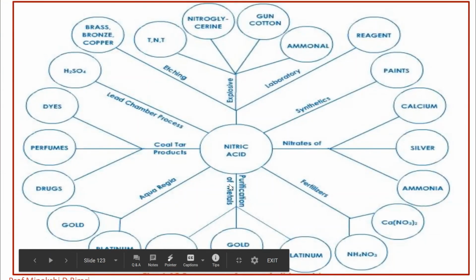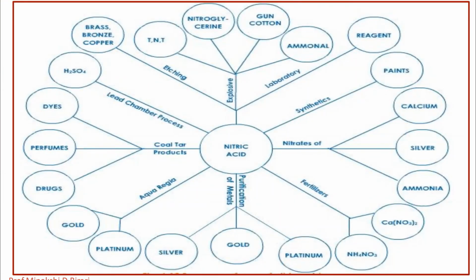We can summarize the uses of nitric acid in this chart. So nitric acid plays a significant role in the manufacture of various products such as explosives like trinitrotoluene TNT, nitroglycerin, gun cotton, ammonal. Also it is used in the manufacture of dyes, perfumes, paints. It is useful in sulfuric acid by lead chamber process.